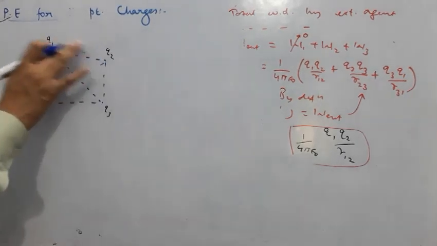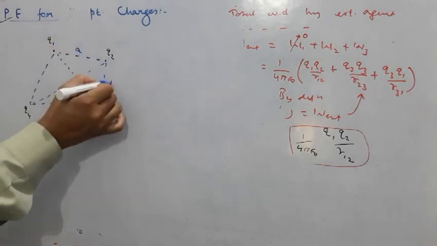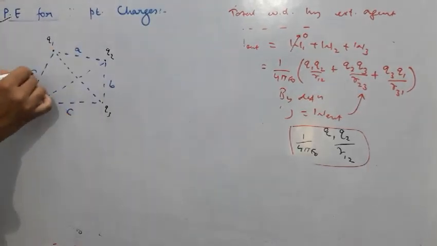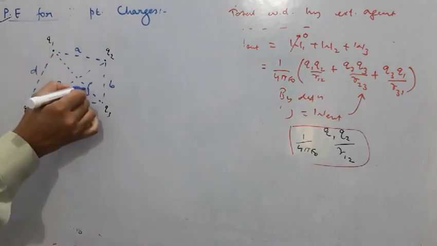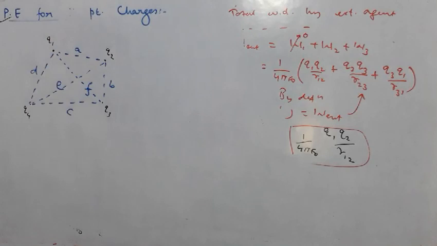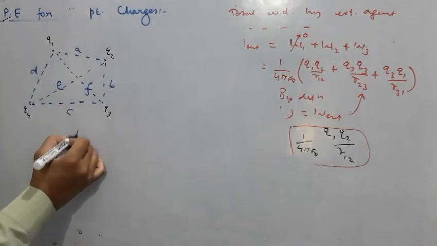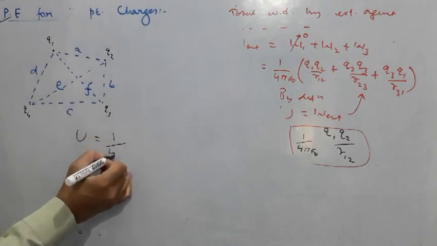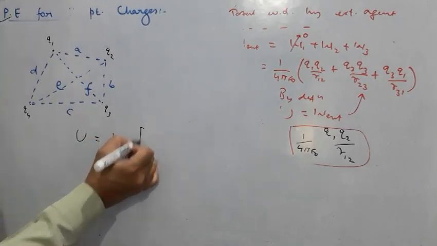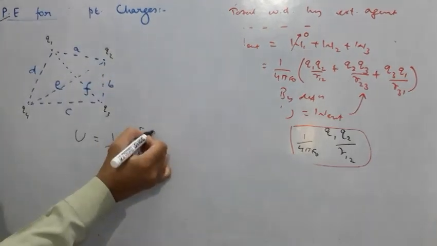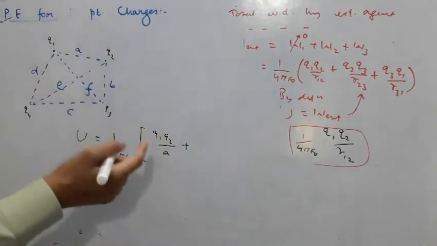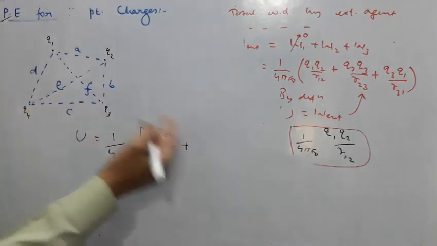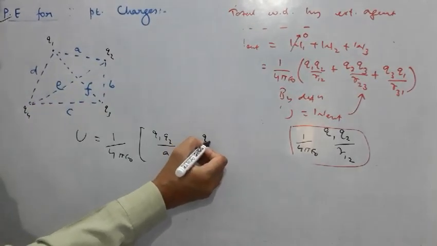So if those separations are given to you, suppose this separation is A, this one is B, this one is C, this one is D, this distance is E, and this distance is F. Then what should be the expression for potential energy for this system? Potential energy for this system will be 1 upon 4 pi epsilon naught times Q1 Q2 by that distance A plus. Now I think you can easily understand. So I'm just writing, you can follow it from there.